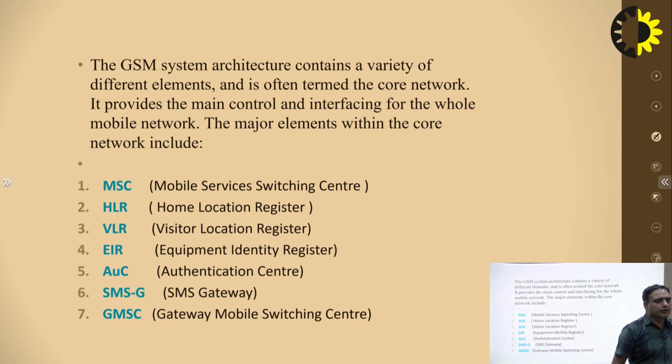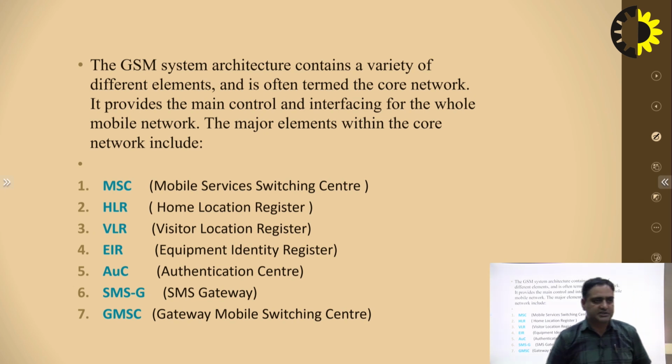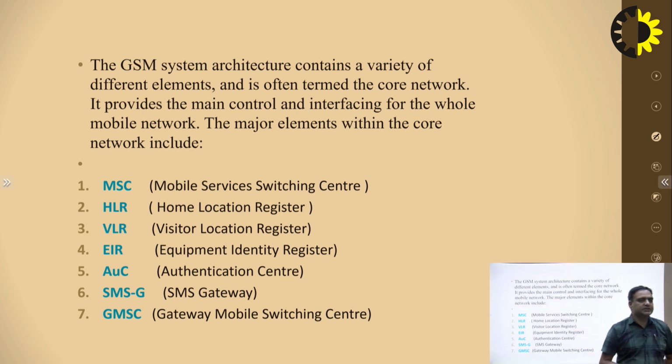If you are talking about the MSC, mobile switching system, there are different key terms used in MSC: HLR, home location register, VLR, visitor location register, EIR, equipment identity register, AUC, authentication center, SMSG, SMS gateway, and GMSC, gateway mobile switching center.